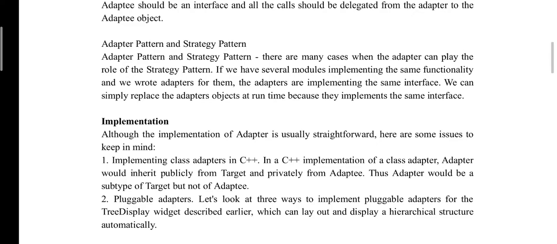I hope you understood whatever I have explained in today's lecture. That means what a structural design pattern is, what the purpose of structural design patterns is, and the types of structural design patterns. The first structural design pattern we have seen is the adapter design pattern.